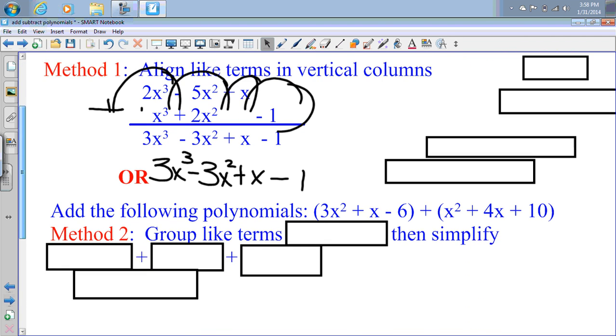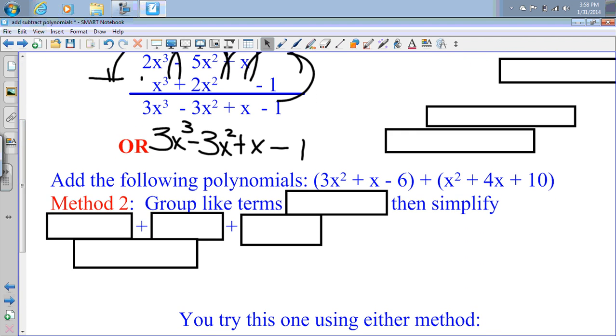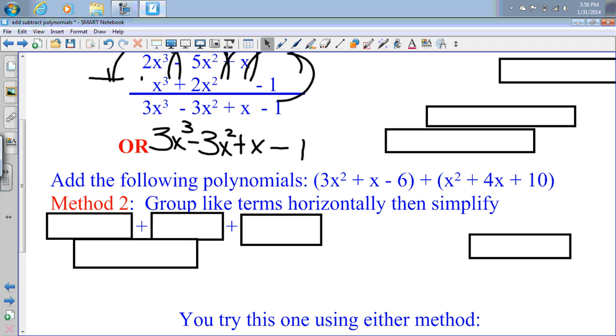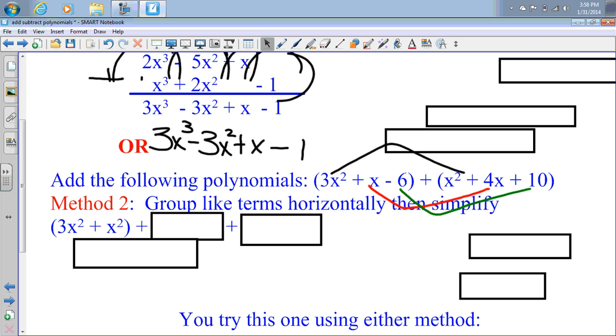Or some of you may like to just start grouping like terms horizontally and then simplify. What like terms do I have? There's a like term. There's a like term. Here's a like term. So we have 3x squared plus x squared.